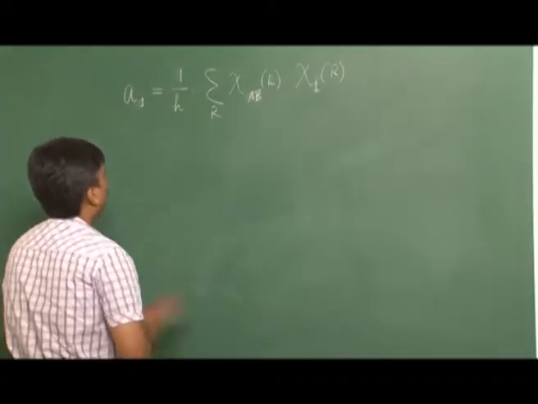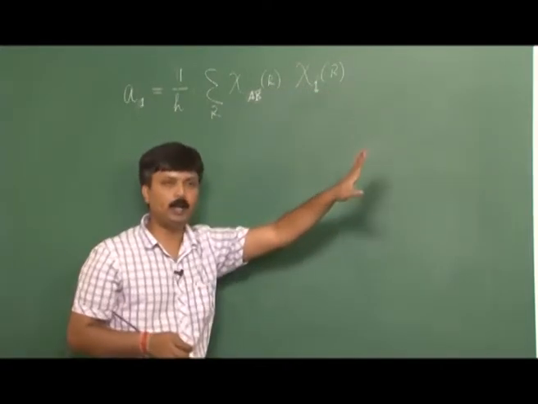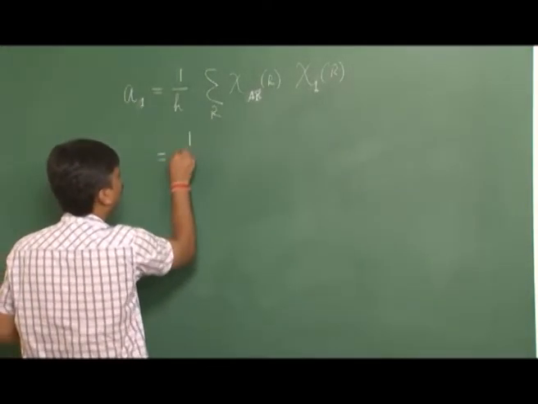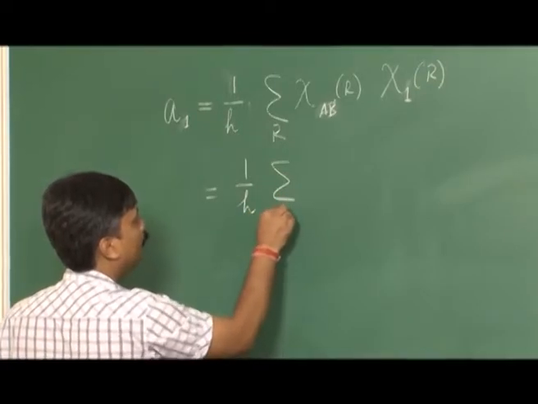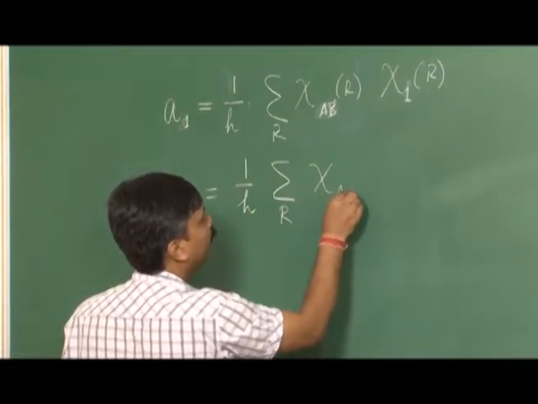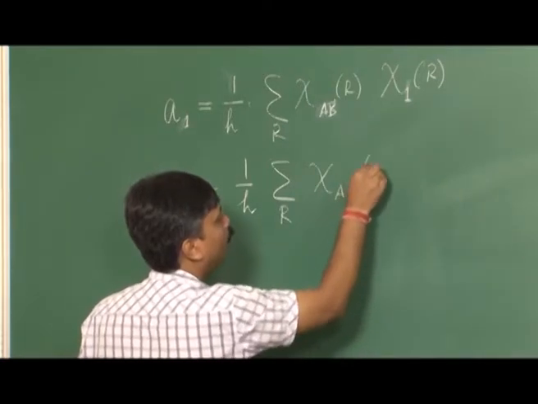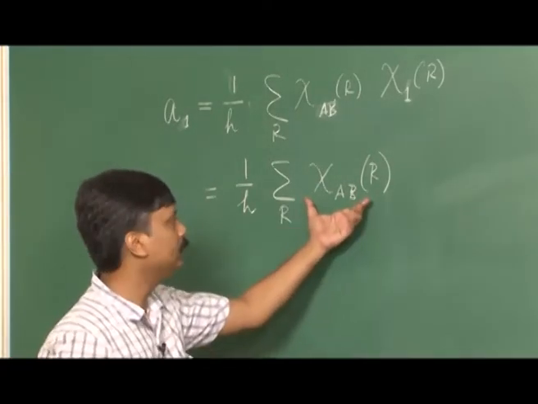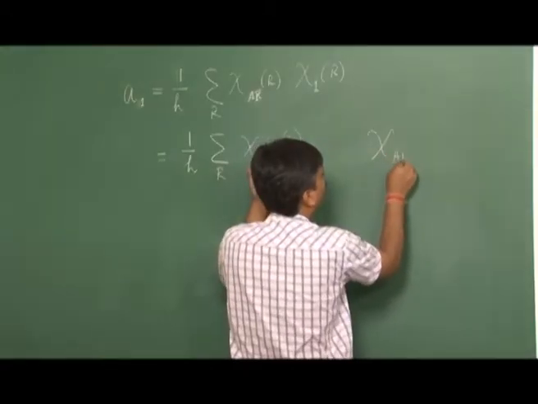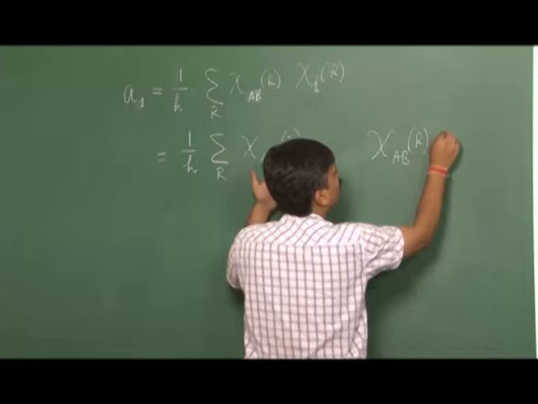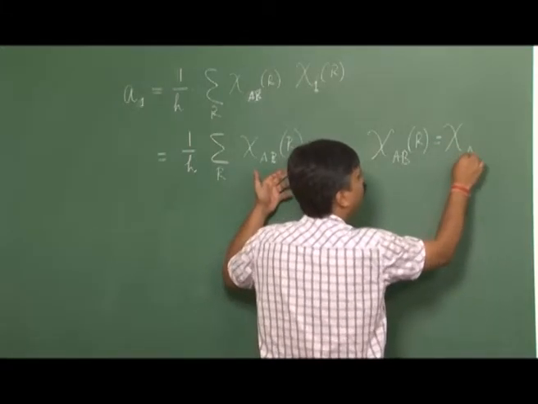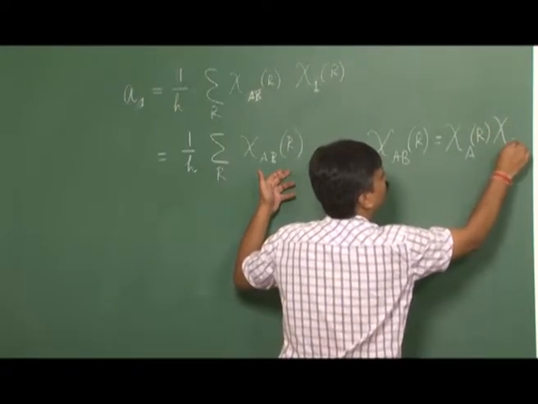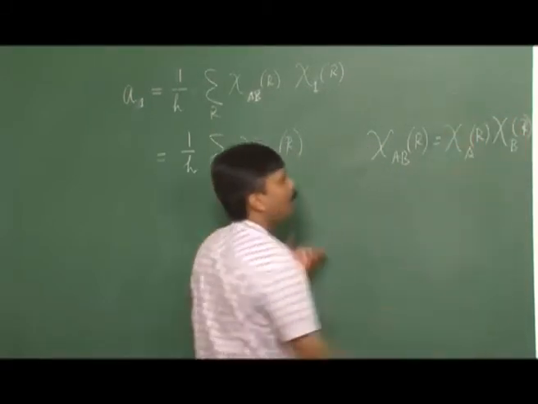So, once I am talking about the totally symmetric IR for which all the characters are +1, then I can simply write this as 1 upon h, sum over all the R, chi AB of R. Now, by definition of direct product, chi AB is equal to the product of the characters of representation A and representation B, correct.